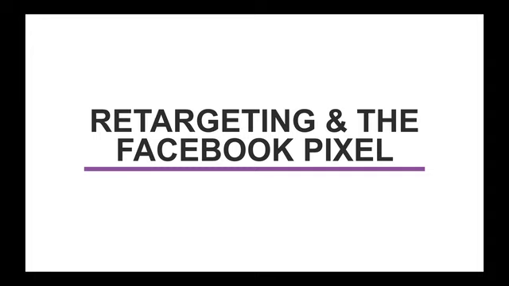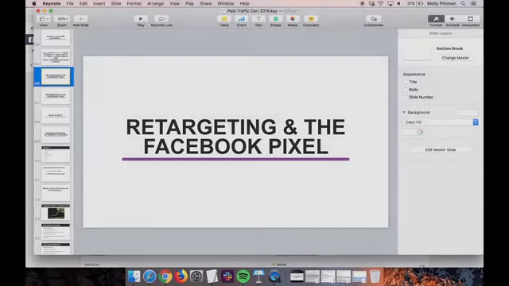So we covered the Facebook pixel a bit in the last video, but I want to make sure that you guys understand that the Facebook pixel is not just beneficial for tracking and understanding the performance of your ads. It's also super valuable because it gives us the ability to retarget.